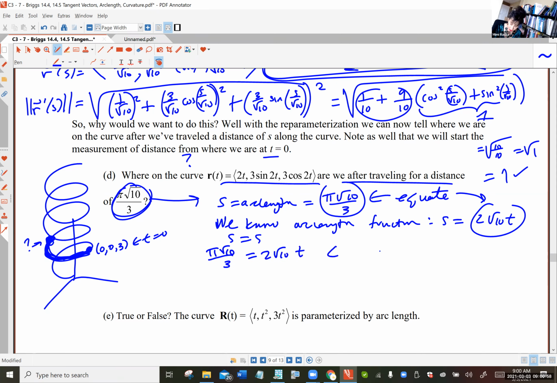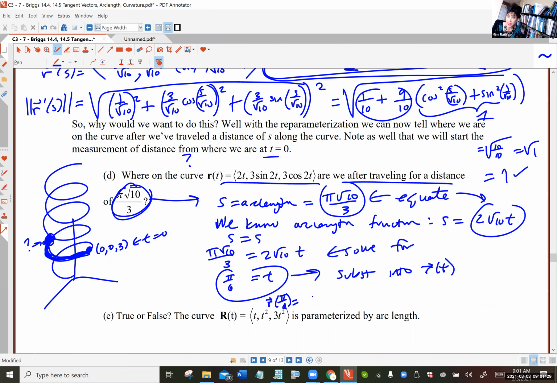Then substitute this into your position function, your original r of t: r evaluated at pi over 6 seconds gives you the coordinates on the curve. So you'll have 2 times pi over 6, then 3 sine of 2 times pi over 6, and 3 cos of 2 times pi over 6.